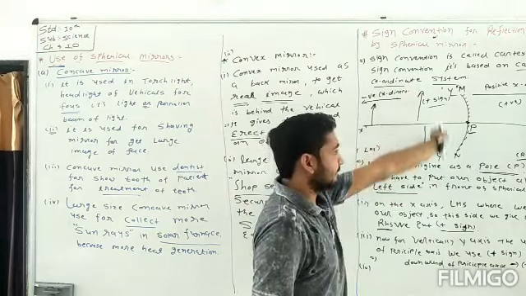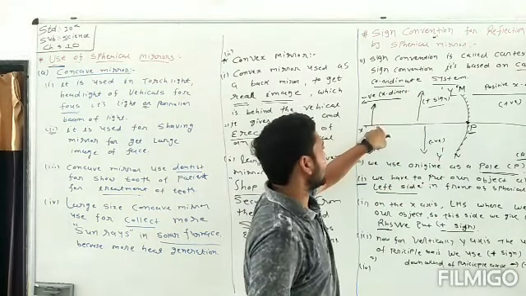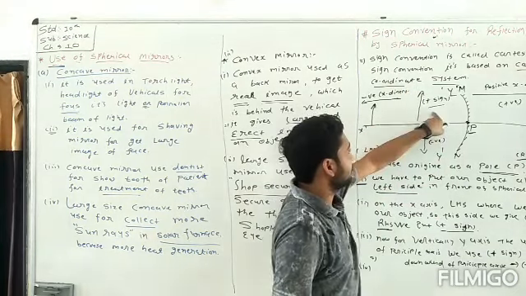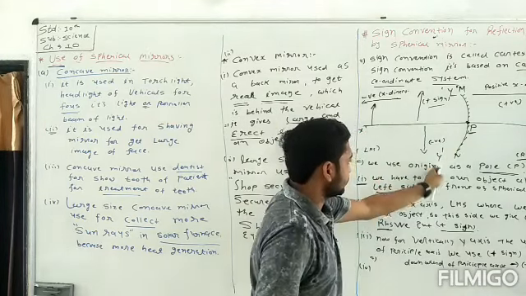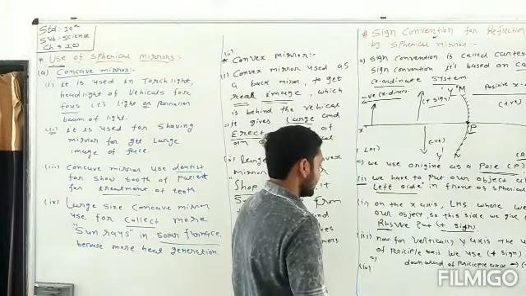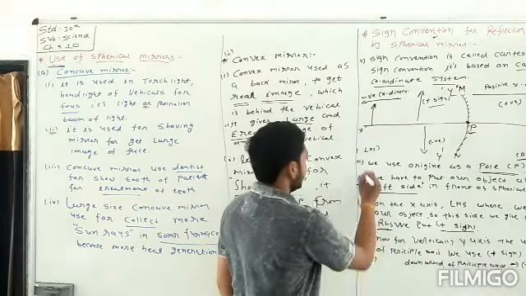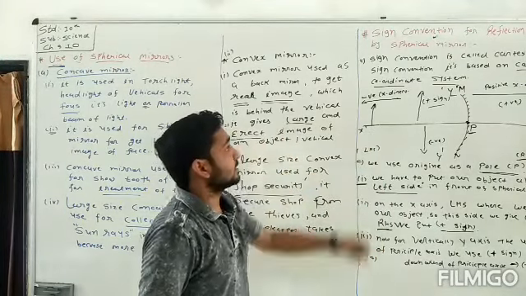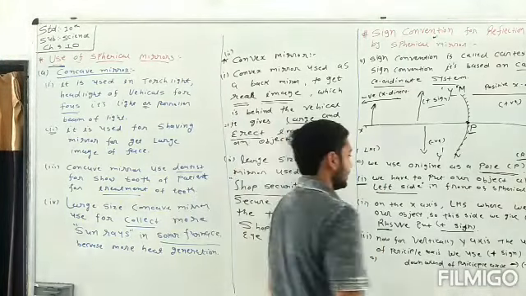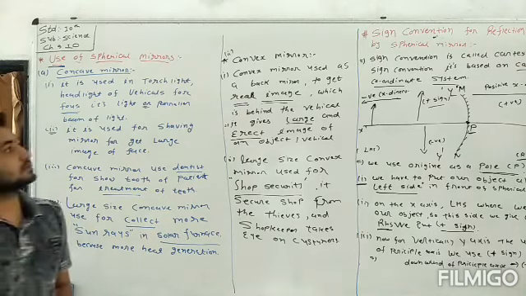For vertical y-axis, upper side of principal axis we use plus sign, and downward of y-axis we use negative sign. So this is all about sign convention of spherical mirror. You can write all these notes for your simplification.